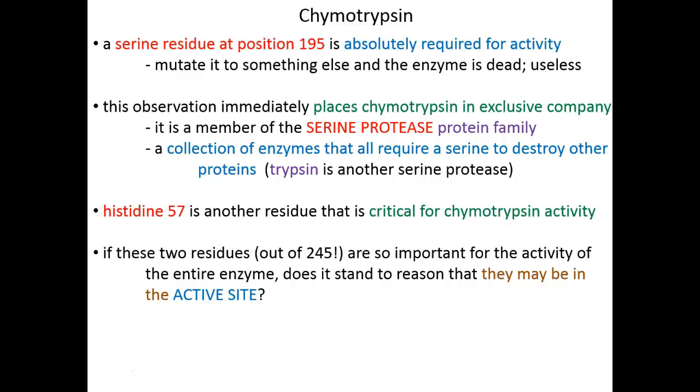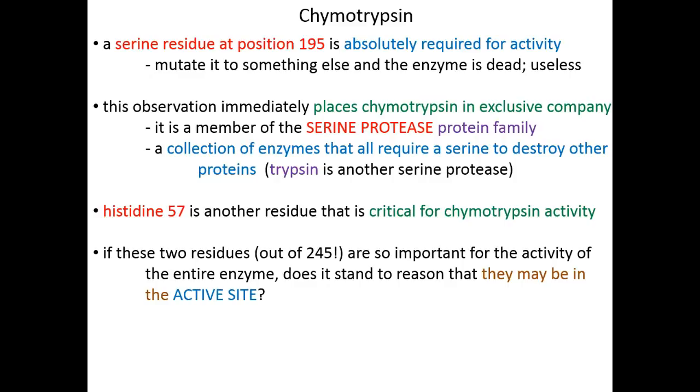These two residues, serine 195 and histidine 57, and pretty much only those two residues out of the total 245 amino acids that make up chymotrypsin, are pretty much all that's important for the activity of the enzyme. So if you were a biochemist and you saw that these two amino acids were so important, would you guess that they were in the active site?